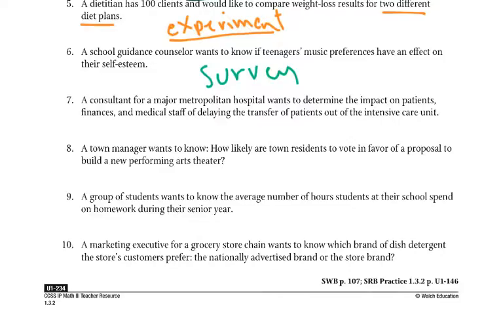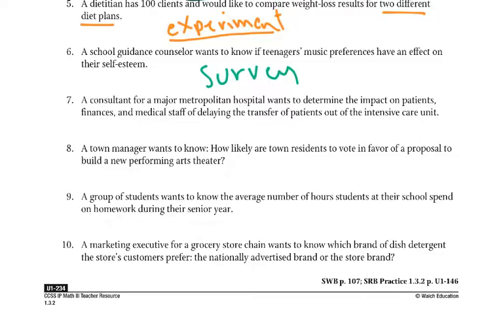Number 7, a consultant for a major metropolitan hospital wants to determine the impact on patients, finances, and medical staff of delaying the transfer of patients out of the intensive care unit. Okay. So, you could try to do an experiment, but the nature of the job might make it difficult to choose, because it could be harmful for some if you let them out sooner.